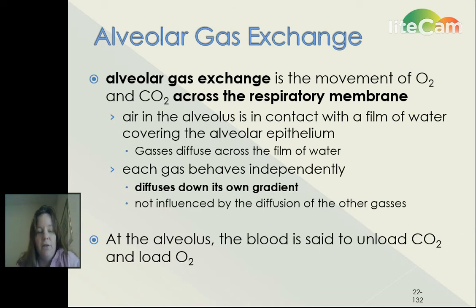You can examine their partial pressures to determine which direction is down the gradient and which direction these gases will move. So in the lungs, the partial pressures dictate that the carbon dioxide will be unloaded, so move from the bloodstream to the air and breathed out, and that the oxygen will be loaded into the bloodstream, move from the air and into the capillaries.